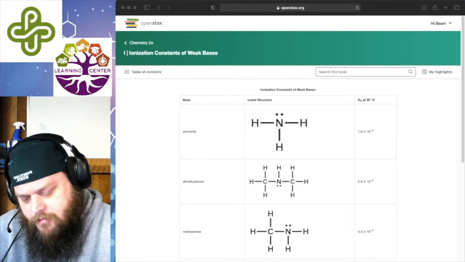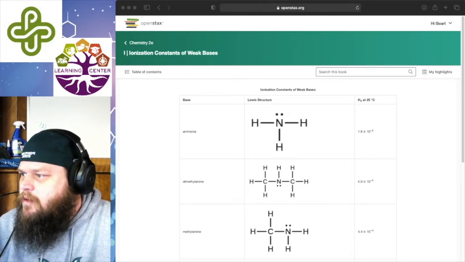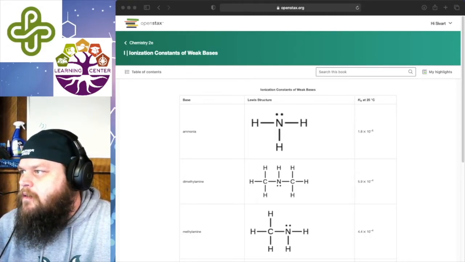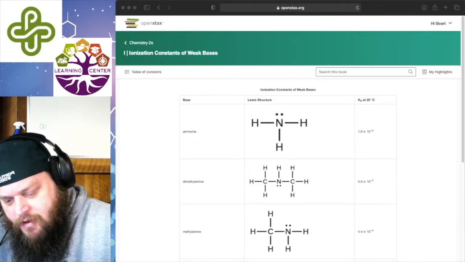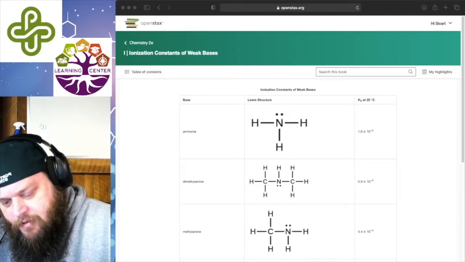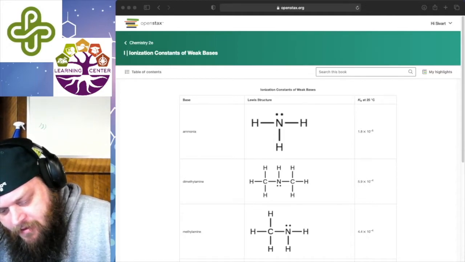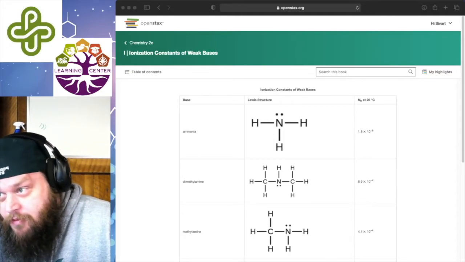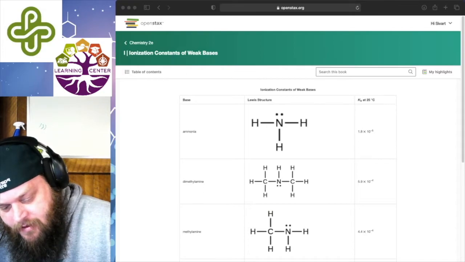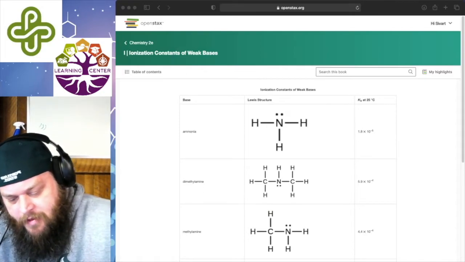Oh wait, that's the one I just did. Ah, there it is. In the book, they give us the Kb value. I didn't write that down. So the Kb value is equal to 6.3 times 10 to the negative 5. And that makes our life easier.